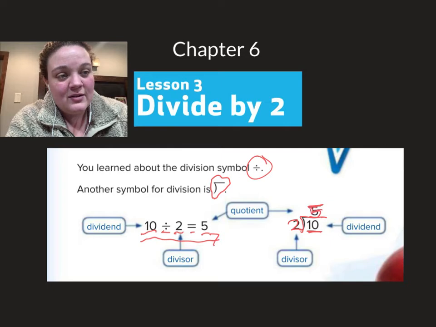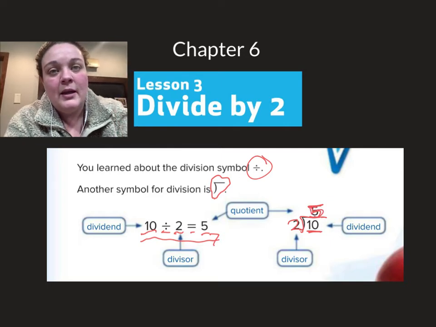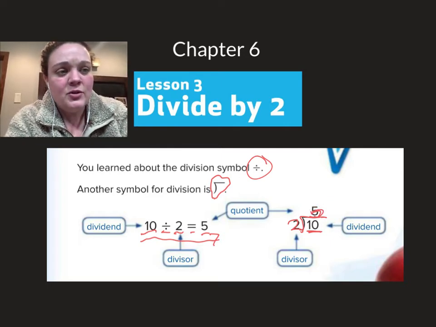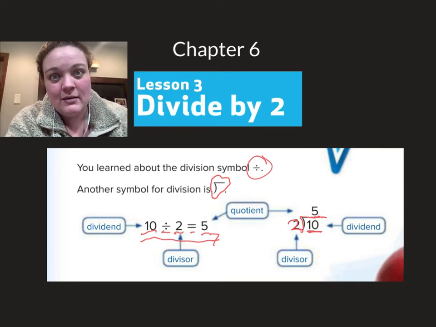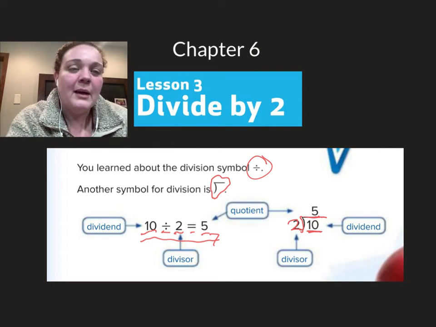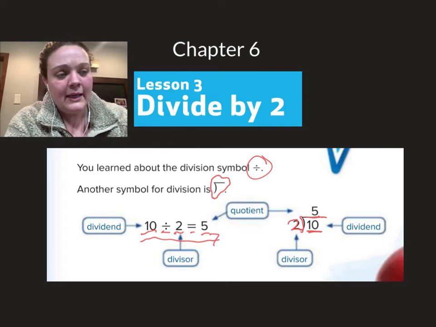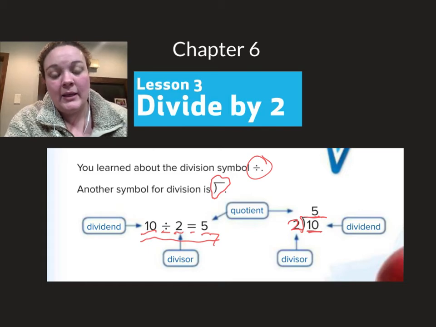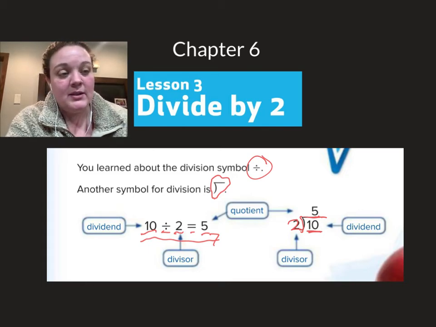Our answer goes up on top. It's a little trickier, but it's only tricky because it's the first time seeing it. The more you see it, the more it makes sense. So that's another way to show division, by using the house.